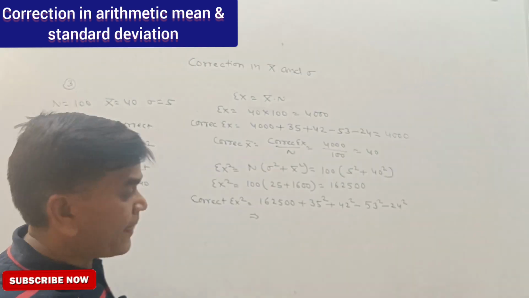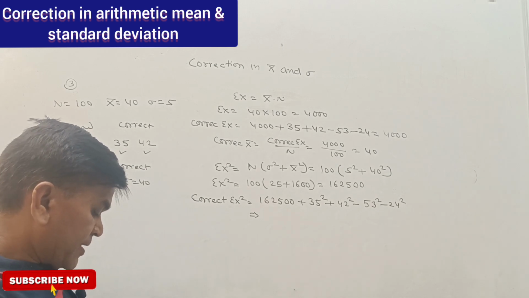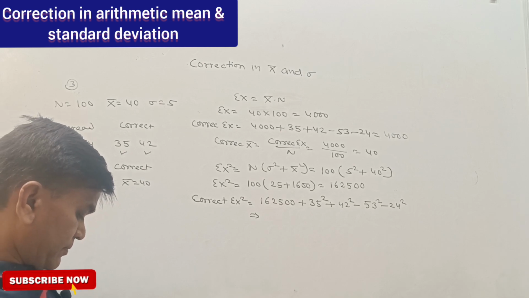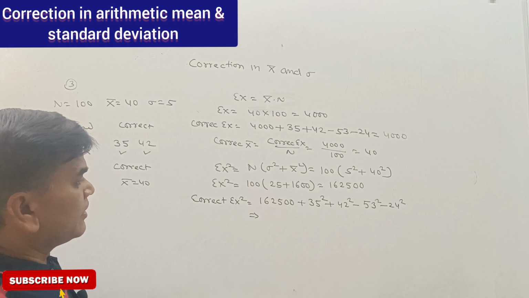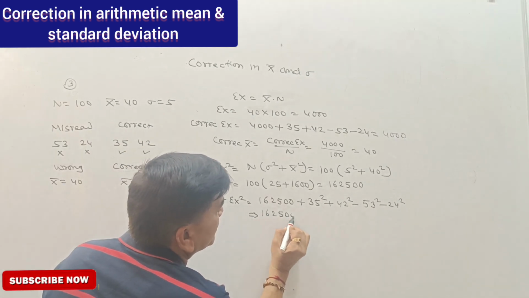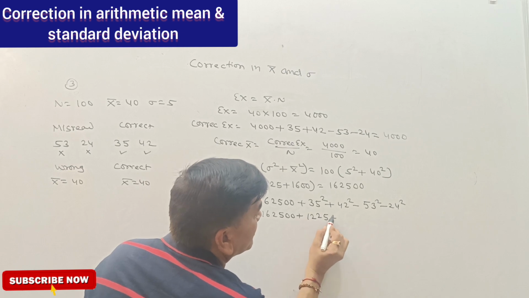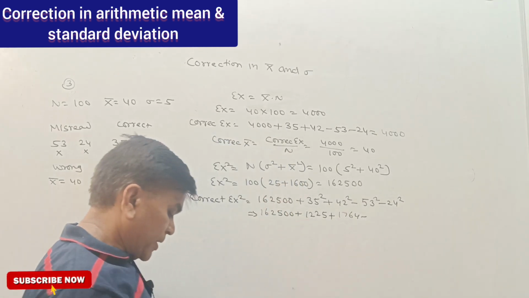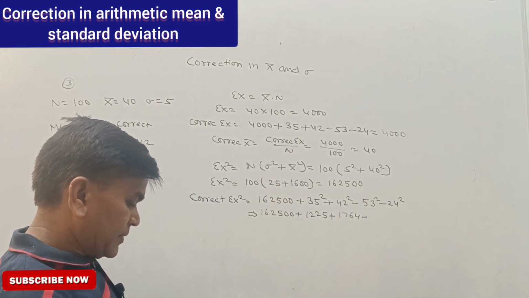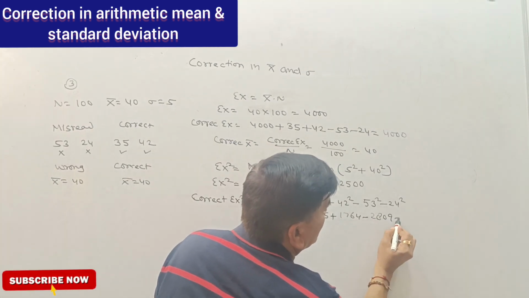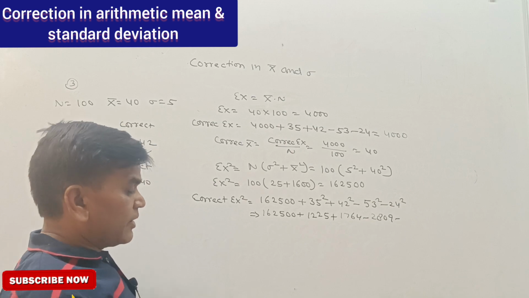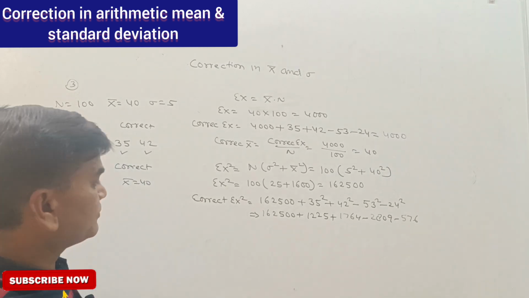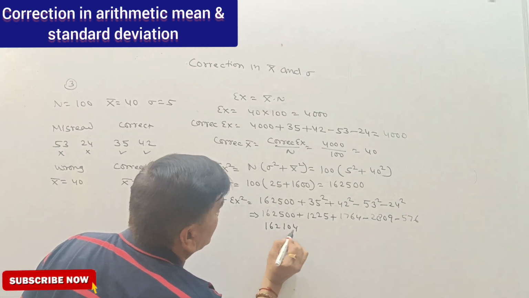So 162500, 35 square is 1225 added here, 42 square is 1764 added, 53 square is 2809 subtracted, 24 square is 576 subtracted. So the value is 162104. Correct.